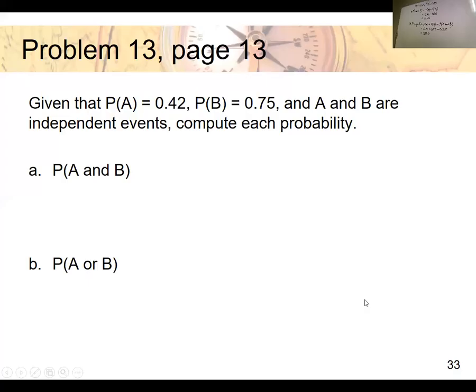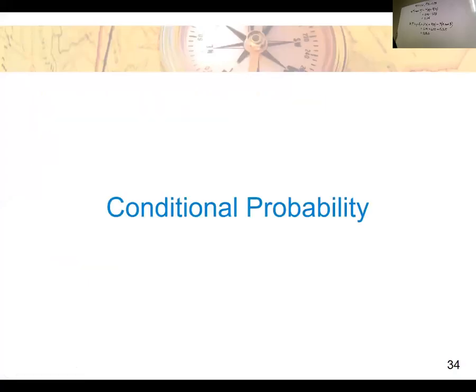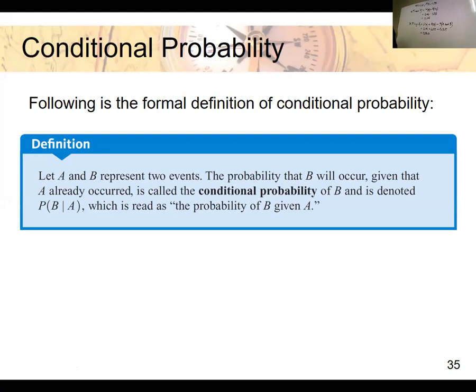Now we'll look at conditional probability, another type of probability. Here's the definition. We let A and B be two events.